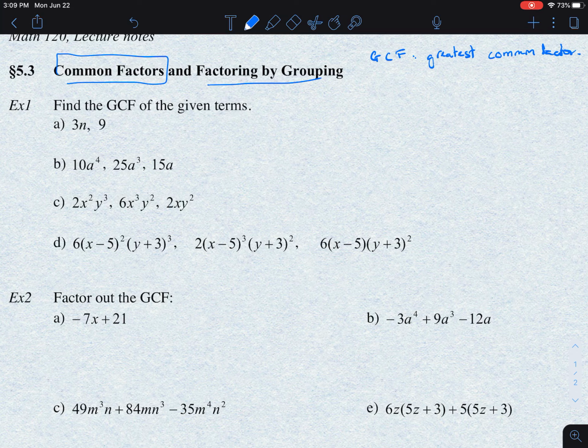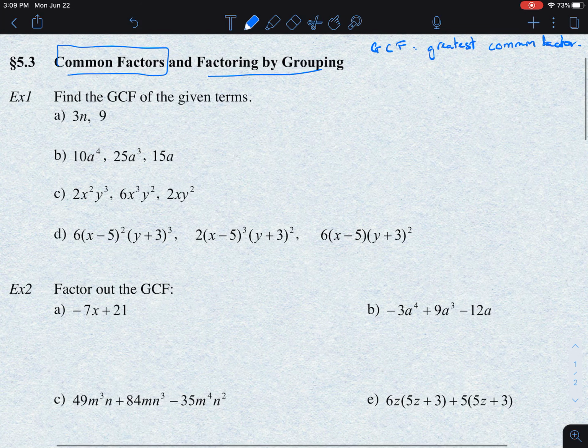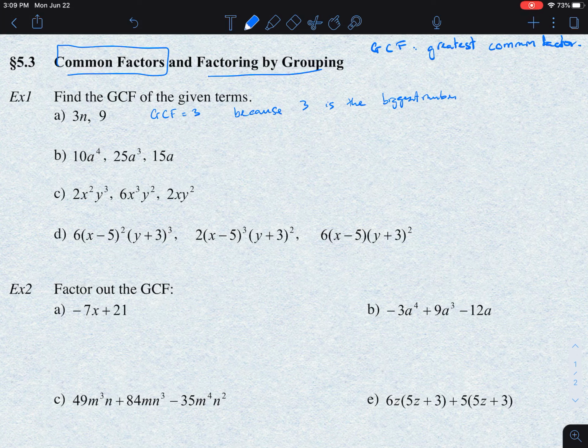It's just going to be the coefficient, or just a constant. 3 divides 3 and 3 divides 9, so the GCF in this case is 3, because 3 is the biggest factor that divides into both 3n and 9.